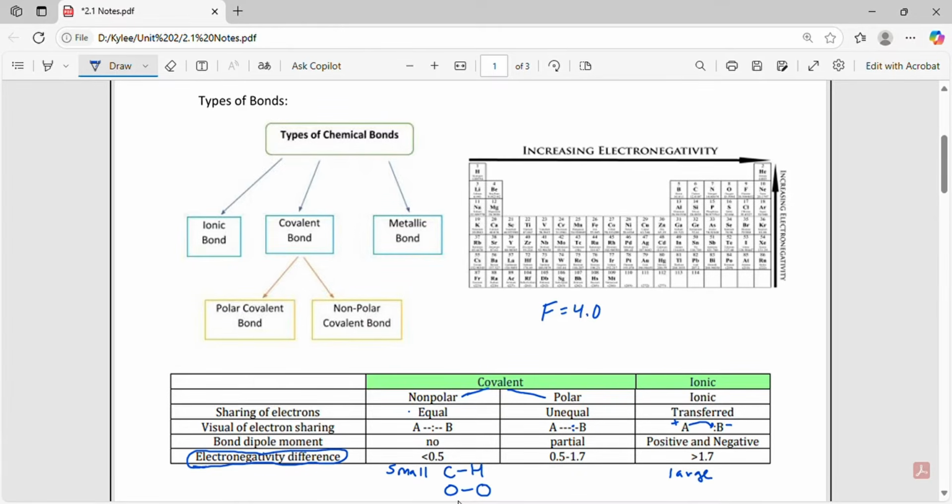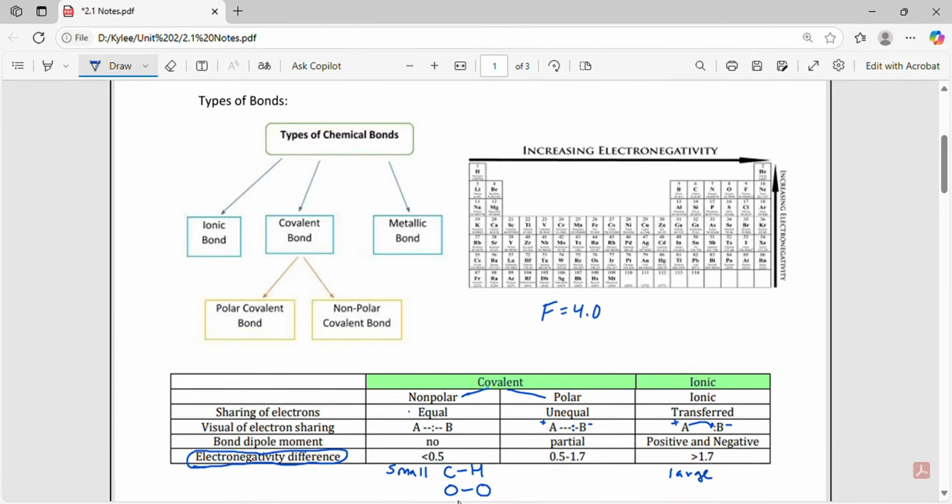And what happens is that B, because it pulls the electrons closer to it, develops a partial negative charge. And if all of the electrons are being pulled towards B, that means A is going to have a partial positive charge. And we call that a dipole.